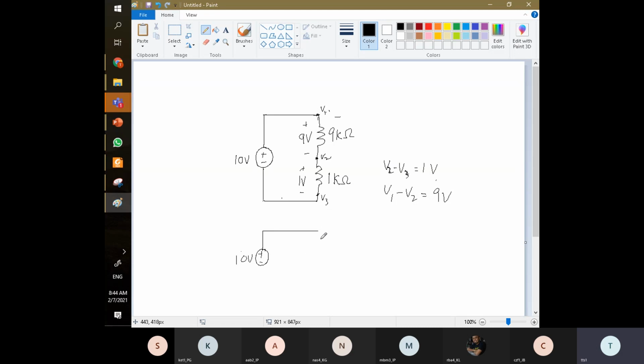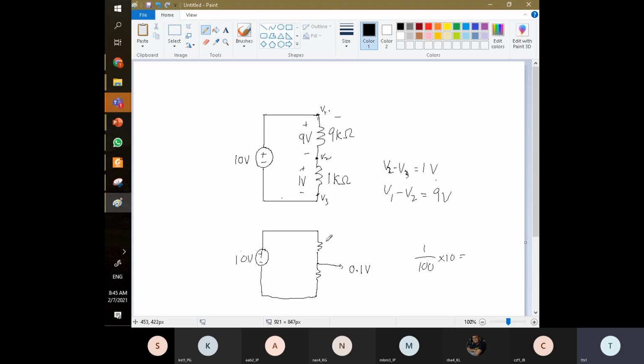For example, let's say here we want to get only 0.1 volt. So 0.1 volt is 1 over 100 of this, right? 100 times 0.1, you get 10, right?